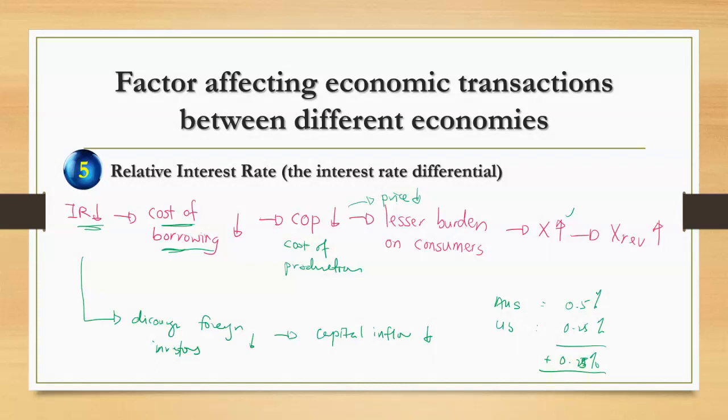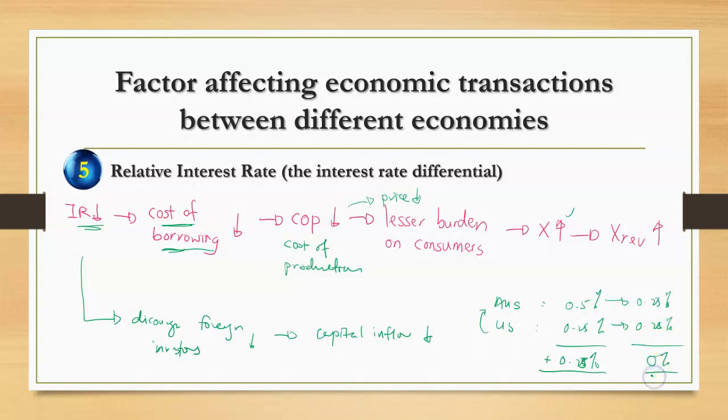If that is the case, you will actually see more US investors wanting to invest in Australia, because it's worth it. You earn more. If you put your money in an Australian bank, you earn more. If you give a loan to Australians, you earn more interest. But if the interest rate were to reduce to 0.25, whereas the US didn't change their interest rate, then there's no difference.